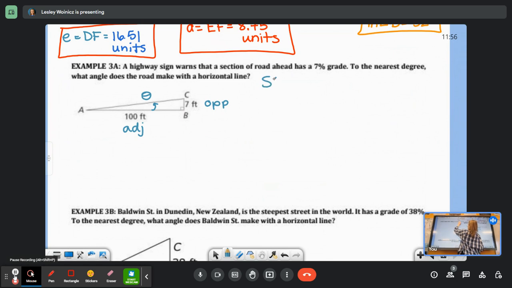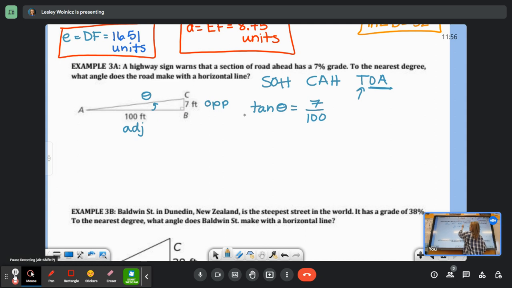So we're asking about SOHCAHTOA. If we're using opposite and adjacent, we're using tangent, right? So I'm going to say that the tangent of my angle theta equals the opposite 7 divided by the adjacent 100.